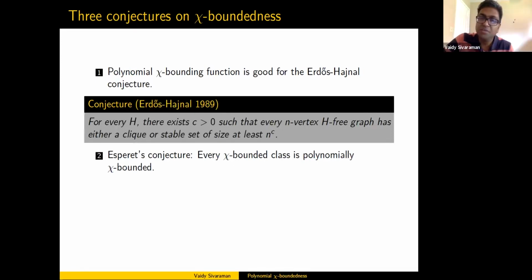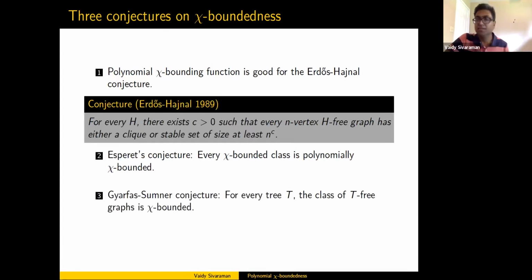P versus NP in computer science says that whenever you can find a polynomial time non-deterministic Turing machine to do a job, you can actually find a deterministic Turing machine to do the job in polynomial time. I mean, it's a very rough comparison, but I think that's what it's saying. Whenever you have a chi-bounded class, if there is a chi-bounding function, there is always a polynomial chi-bounding function. So that's what the conjecture is. We have very, very little evidence either way for this conjecture.